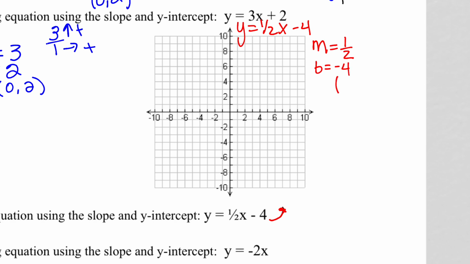And then my coordinate pair for that is 0, -4. I'm going to go down to 4 on the y-axis. This is 0, -4. Then I'm going to go up 1 and to the right 2. Didn't put my dot there. Then up 1 and to the right 2.